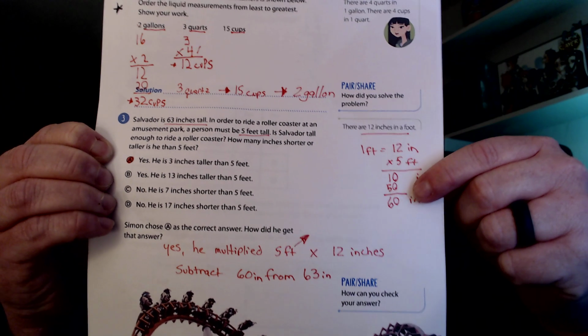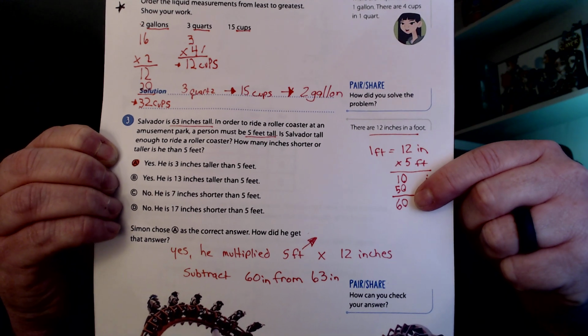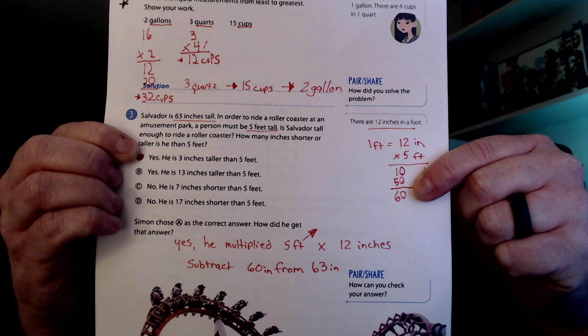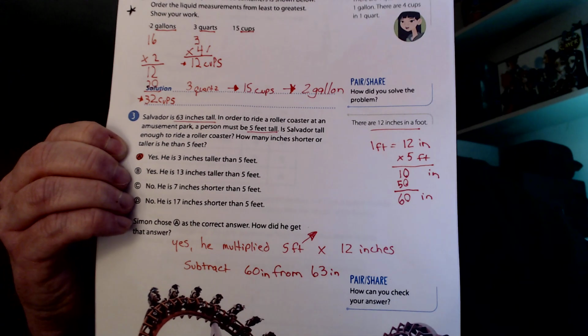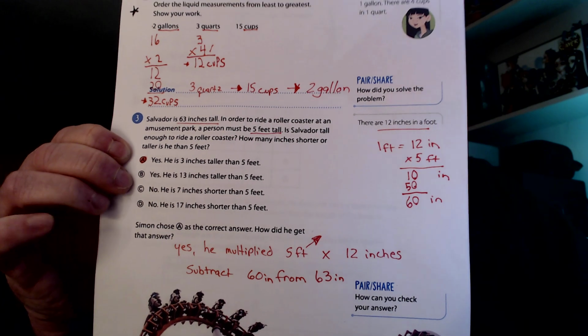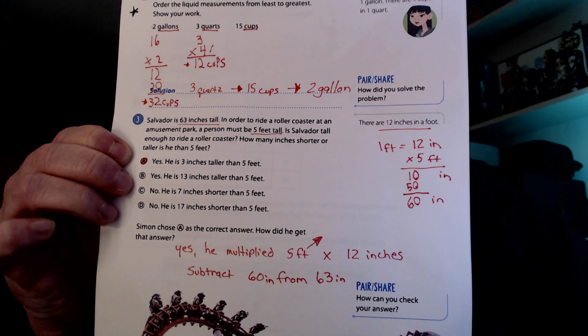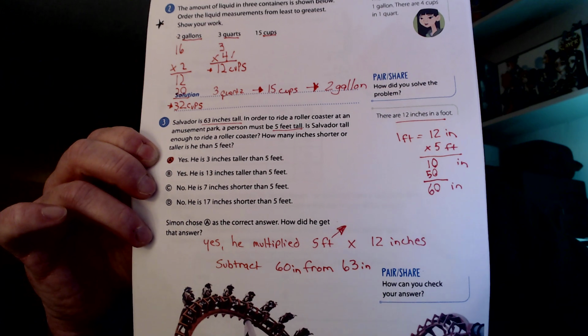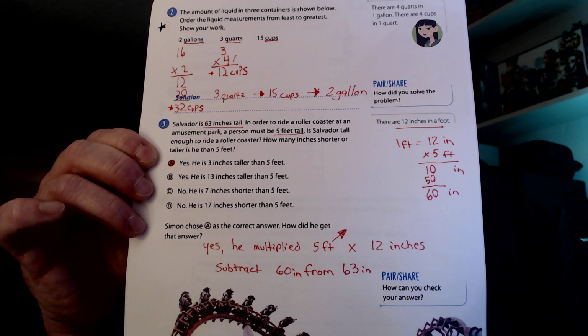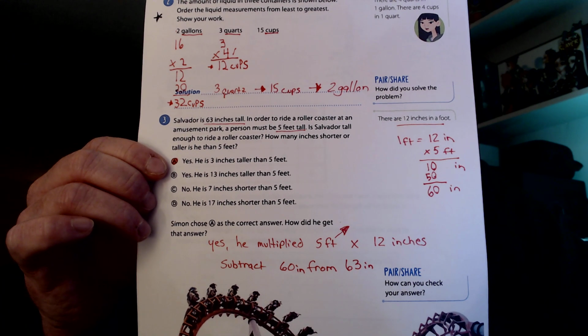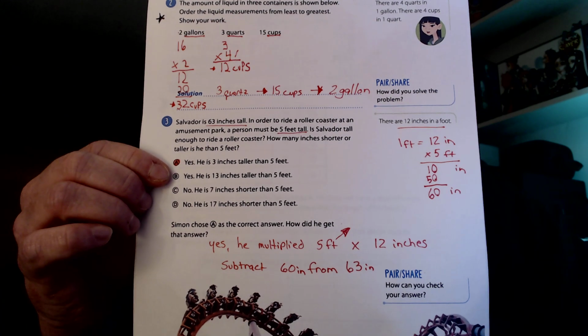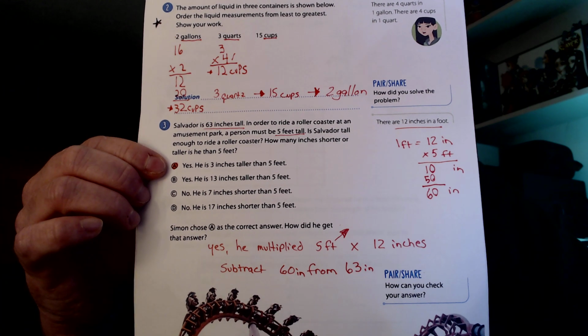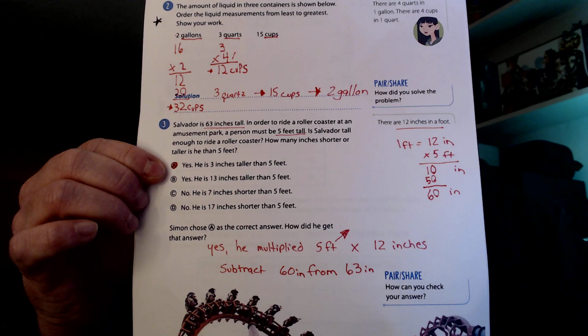So then we need to compare 63 inches and 60 inches. Which one is bigger? Salvador's bigger. So 63 minus 60, which is what we say on this other problem down here, is 3 inches. So our answer to the question, how many inches shorter or taller is he than 5 feet?